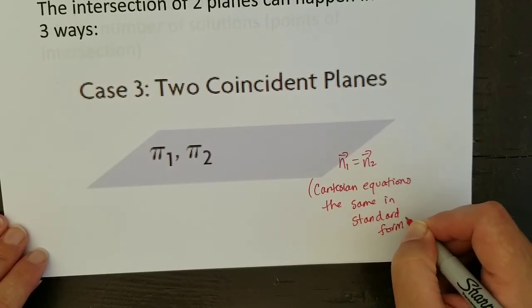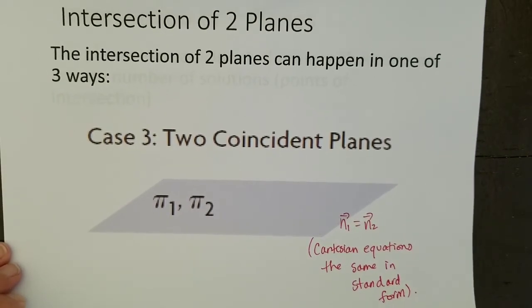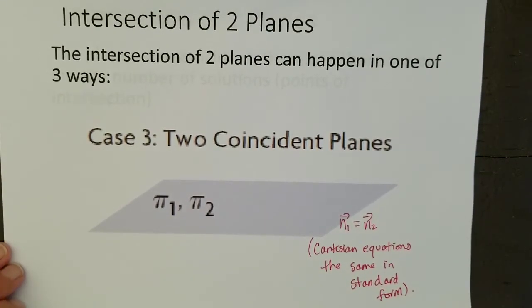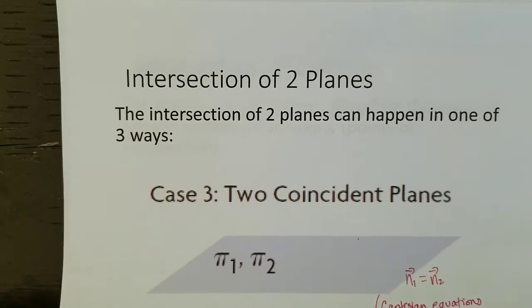And that's one reason why it's really important to standardize that Cartesian equation and how we write that out by eliminating fractions, by putting that first term as a positive and reducing it to lowest terms, so we can very clearly see if these are equal.